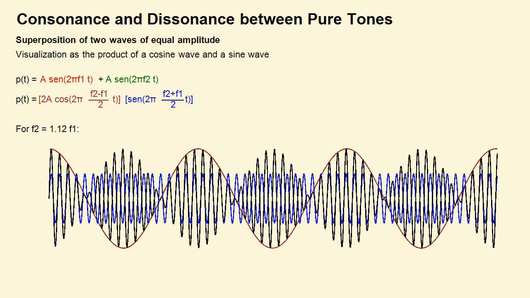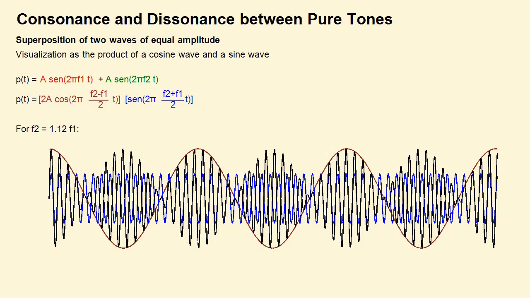Let us consider a second case, in which the frequency of the second wave is close to that of the first, at 1.12 times its value. Although the figure representing the superposition of the two waves can be obtained directly from the expression of their sum, it is convenient to perform a trigonometric transformation to express this superposition as a product in which the first, cosine, factor depends on the frequency difference between the two waves, and the second, sine, factor depends on the average frequency of the two waves.